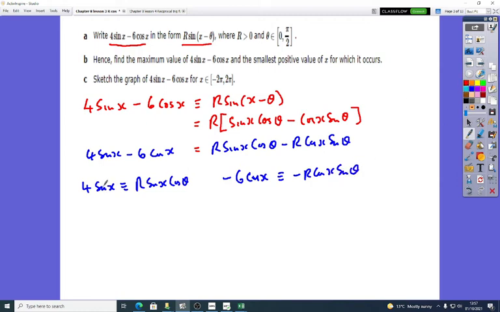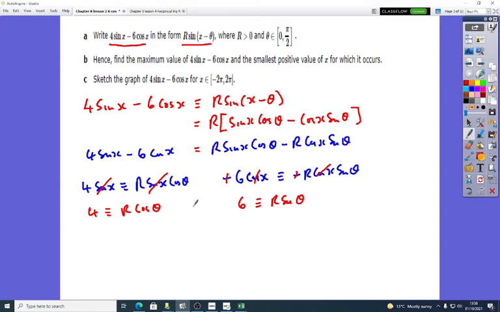Now the beauty about this is the sines will cancel, so you'll end up with 4 equal to r cos theta, and over here the negatives will cancel and the cosines will cancel, and you'll end up with 6 identical to r sine theta. Okay, that's just using our addition formula.